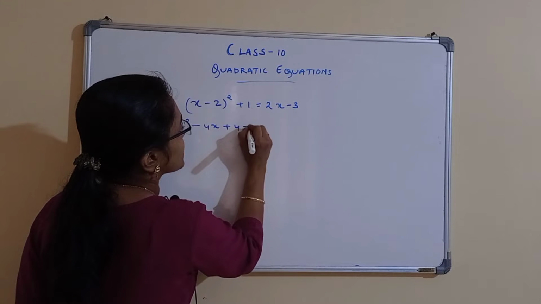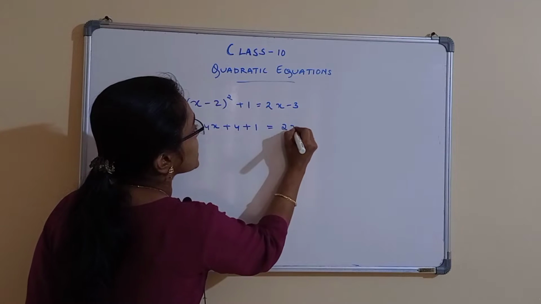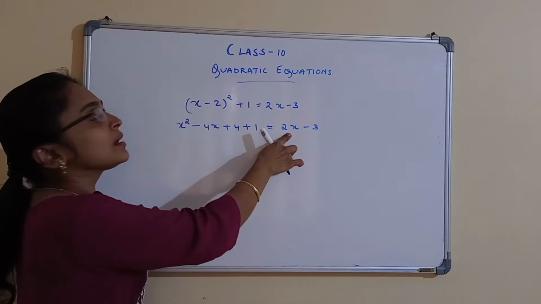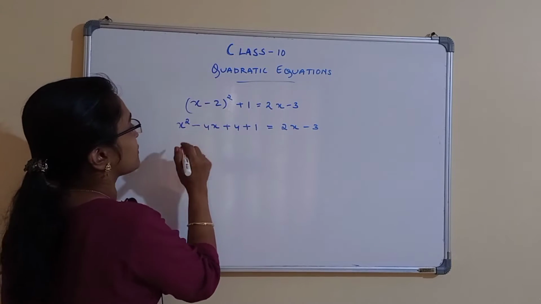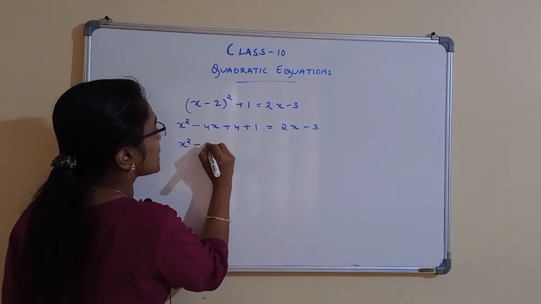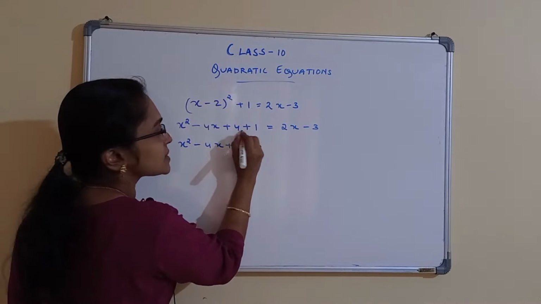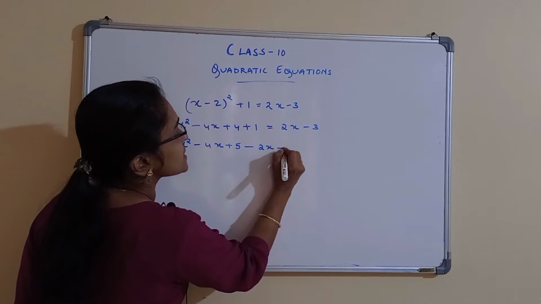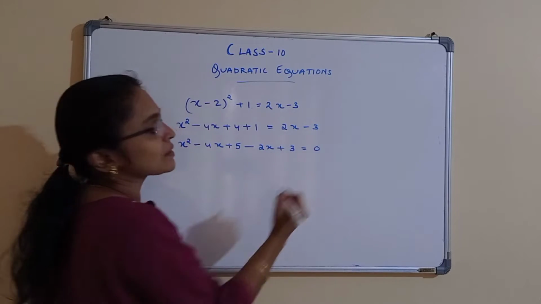Then plus 1 is there, is equal to 2x minus 3. Okay, so bringing this to the left hand side, we have x square minus 4x plus 5, minus 2x plus 3 is equal to 0.